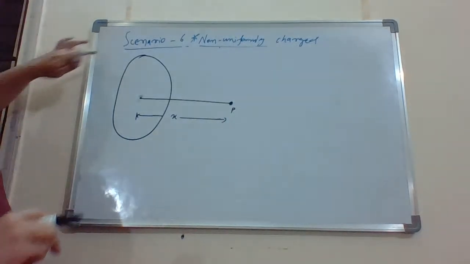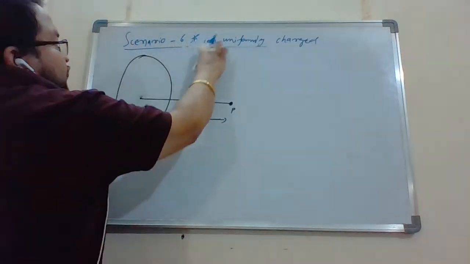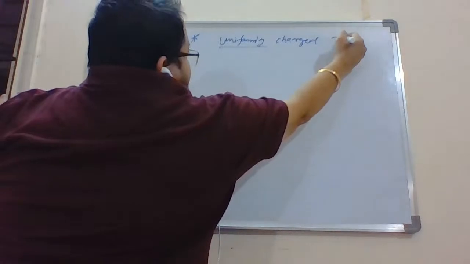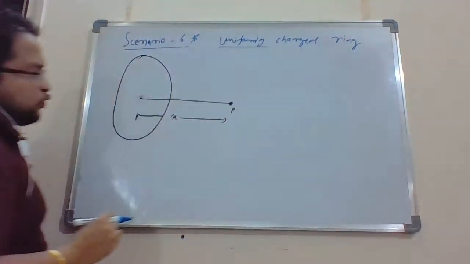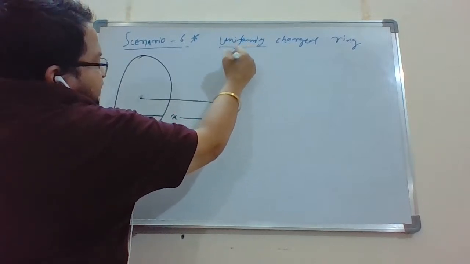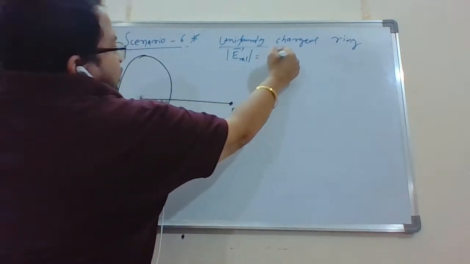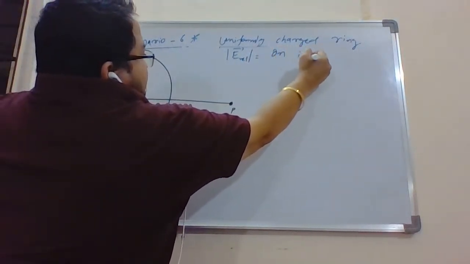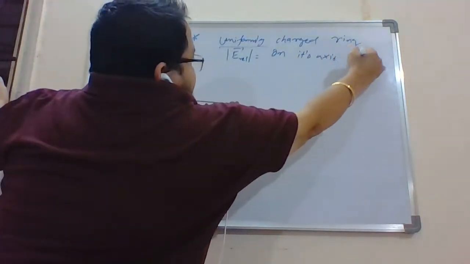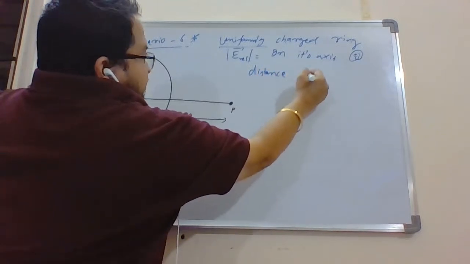I repeat, I'm taking a uniformly charged ring, and I want to find out the total electric field intensity E net at a point P on its axis, which is at a distance x.